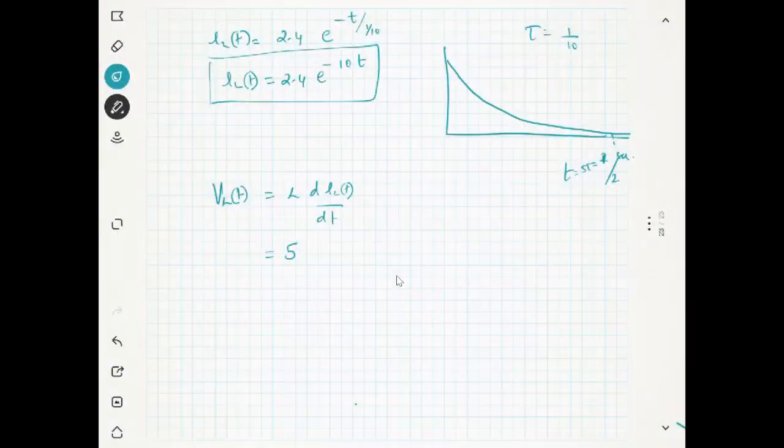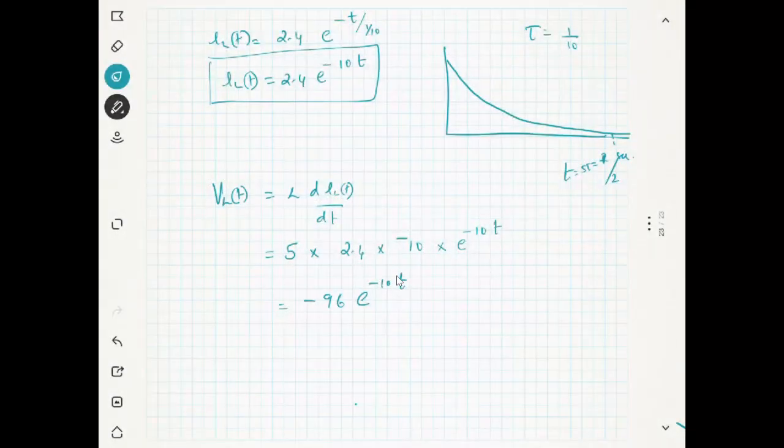L is 5 Henry, so 5 into 2.4 into minus 10 into e power minus 10t. I think it's correct, right? So you will get minus 96 volt, minus 96 into e power minus 10t. So this is the voltage across the inductor.